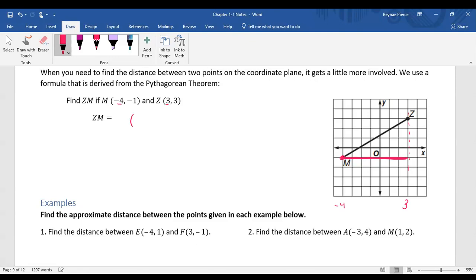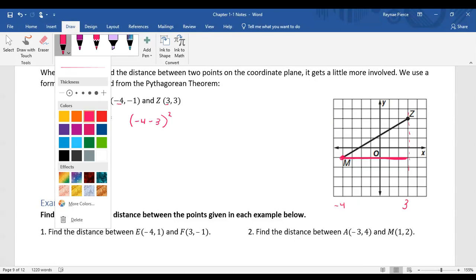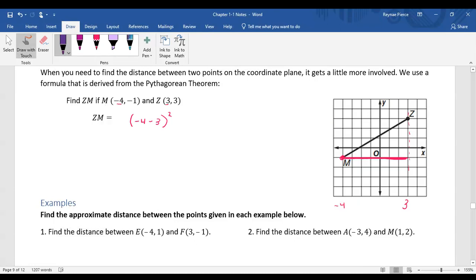So we will find the difference between our x coordinates and square them. We're also going to find the difference between our y coordinates. So the y coordinate here at Z is +3, and the y coordinate here at M is -1.